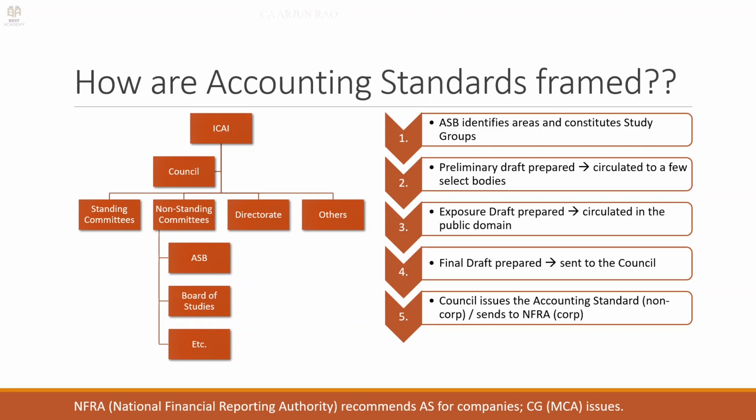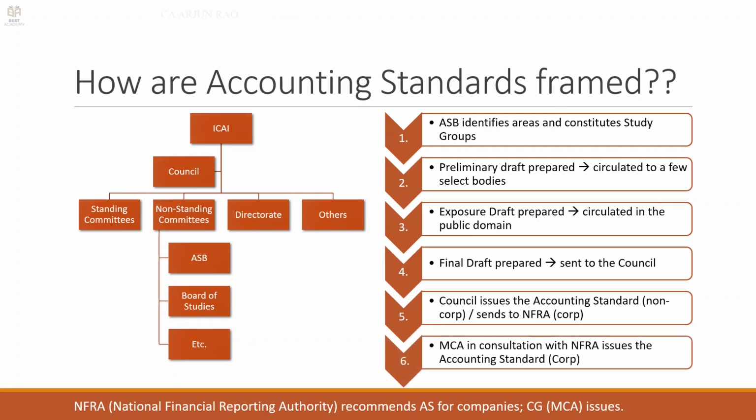In the case of corporates, there is one additional step. The Council of ICAI will not issue the standard directly but will send it to NFRA. And NFRA will recommend the standard and MCA will issue the standard. So essentially we have an accounting standard board.